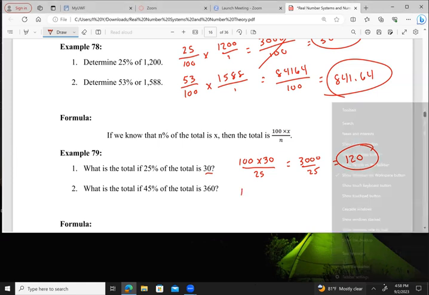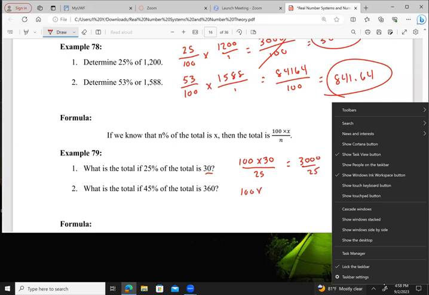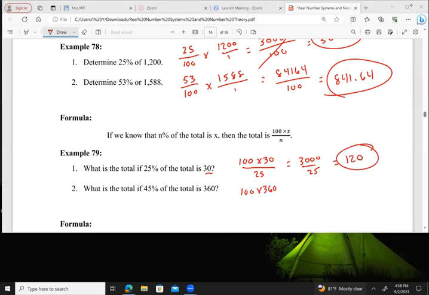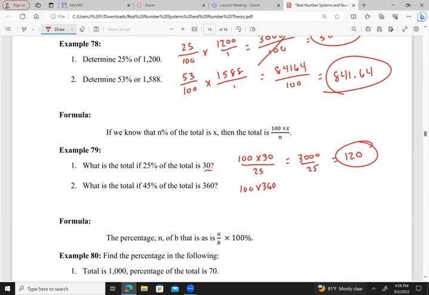So here I have 100 times 360 over 45. I got 36,000 divided by 45, and I get 800 is the total.